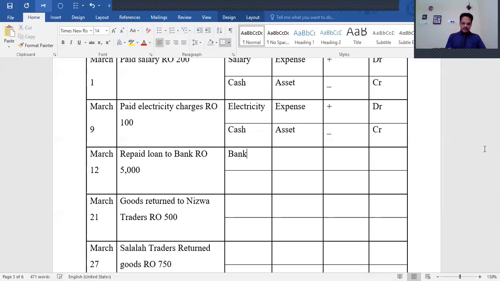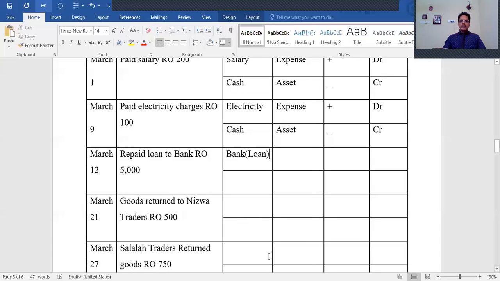Bank, when you write it, always remember to mention that it is a loan, bank loan, because in a bank there may be a deposit also. In case of deposit and loan, when you take a loan from the bank, that is qard. When you deposit money, that is the investment or deposit. If you treat both as just bank, it may confuse you later.